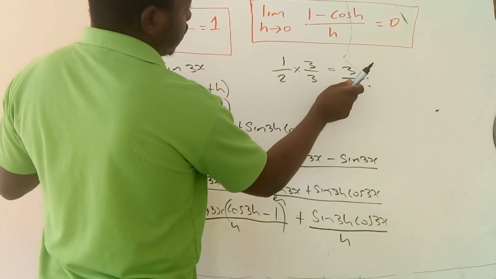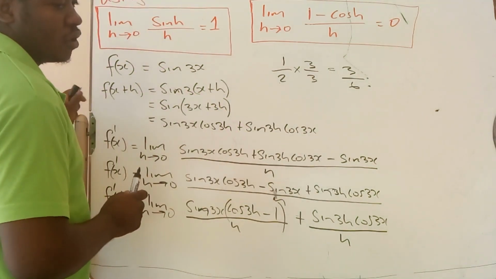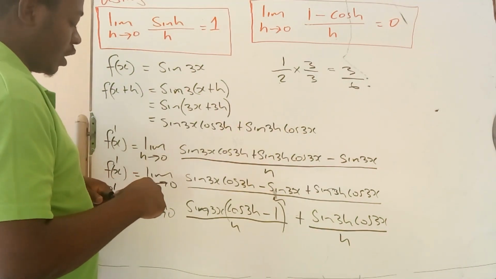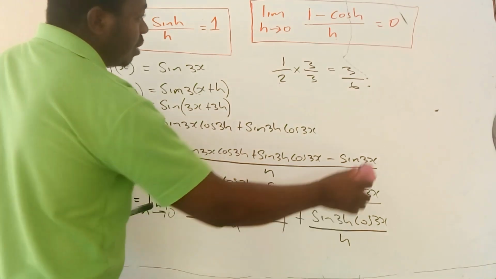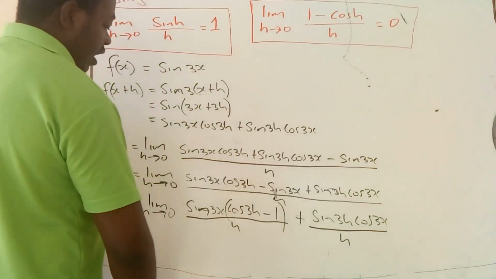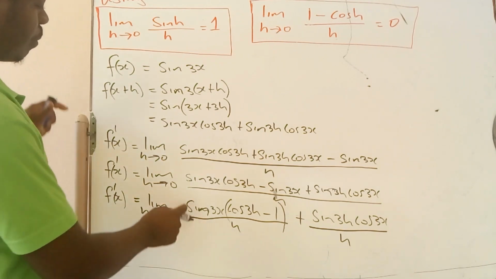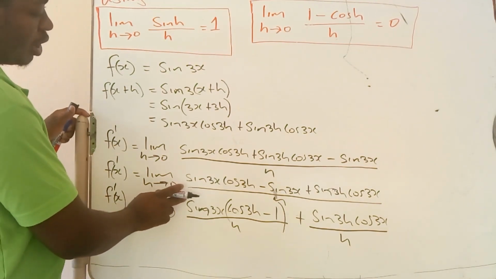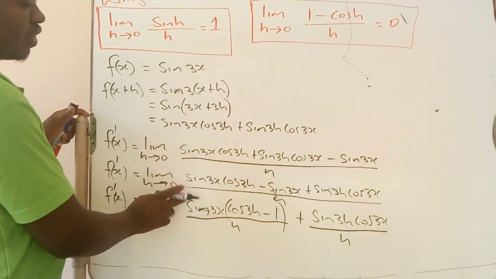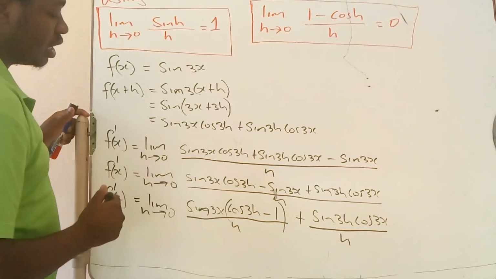But 3 out of 6 is still a half, so you're not changing the problem. With that knowledge in mind, we can multiply both numerator and denominator by 3 over 3 to get a 3 in the denominator here.